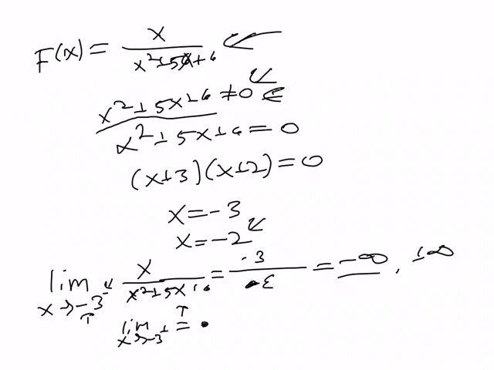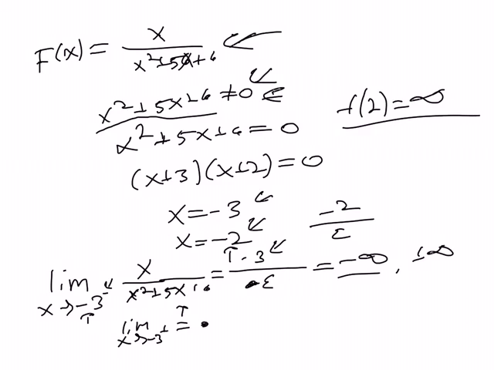Same exact argument. You're going to have a constant up here, which will be negative 2 over epsilon, where epsilon is very small. So again, you're going to have either negative infinity or positive infinity. In all those cases, negative 3 will not be in the domain, and negative 2 will not be in the domain, because you cannot have a number such that f of that number is equal to infinity.